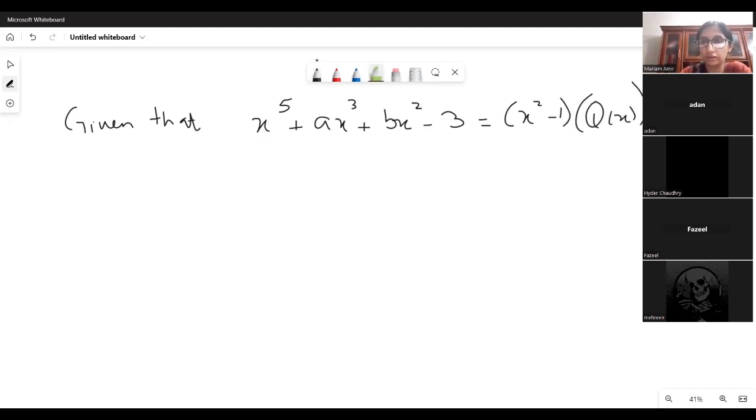Now this is an entire expression. Q means quotient, that's why it is called Q. Anyway, it's an entire expression where q of x is another polynomial.